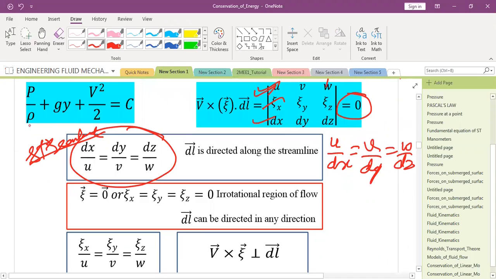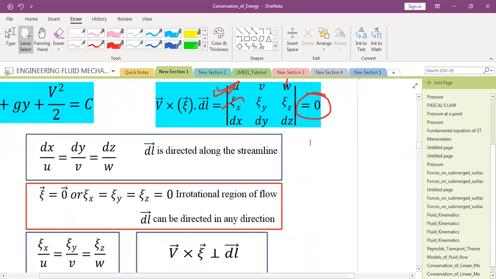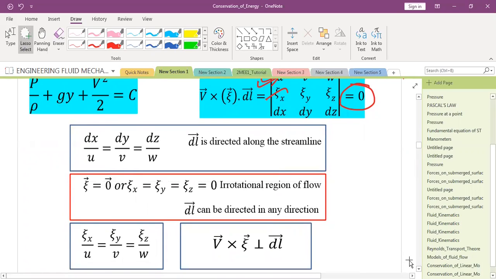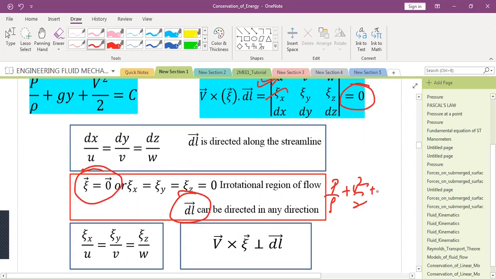So please remember, I have summarized for you here so that it becomes absolutely clear. These are the conditions in which the right hand side determinant can go to 0. So the first case was that the vorticity is 0. If vorticity is 0, then DL is independent. So this now becomes v square by 2g plus gy is equal to global constant in this case.